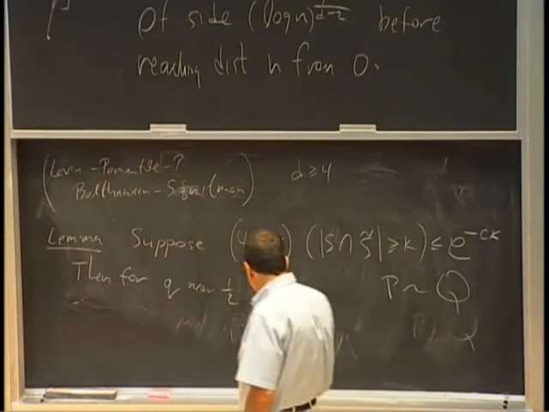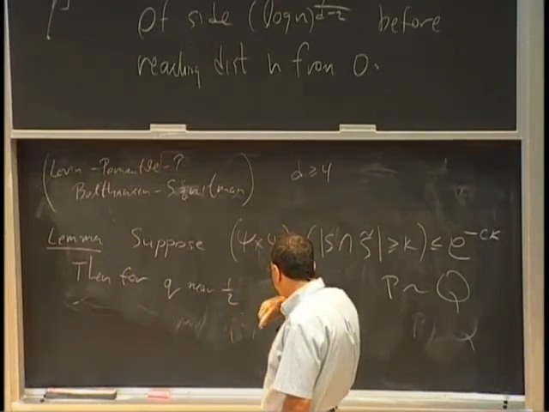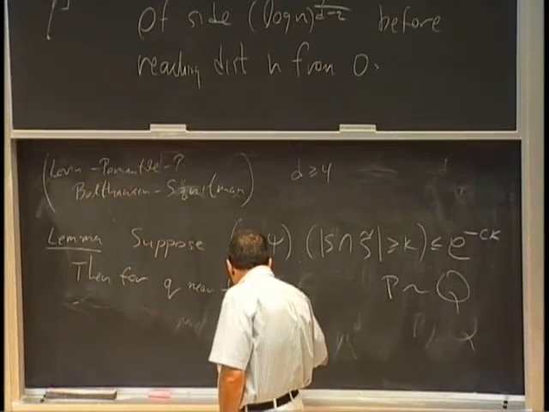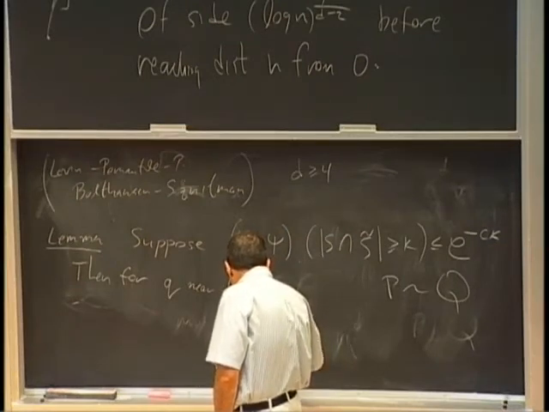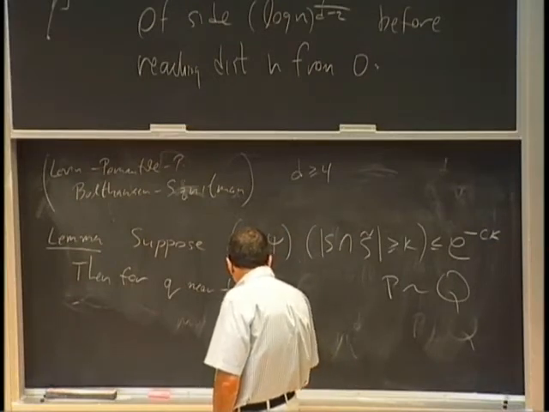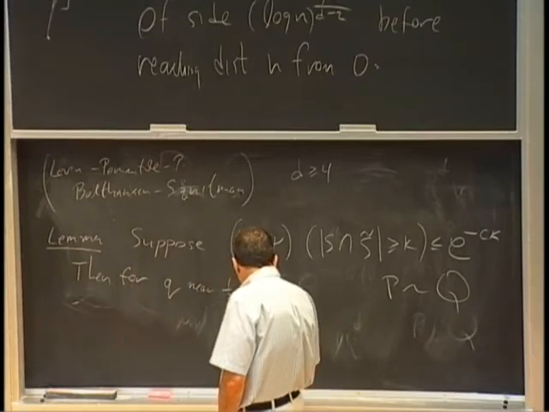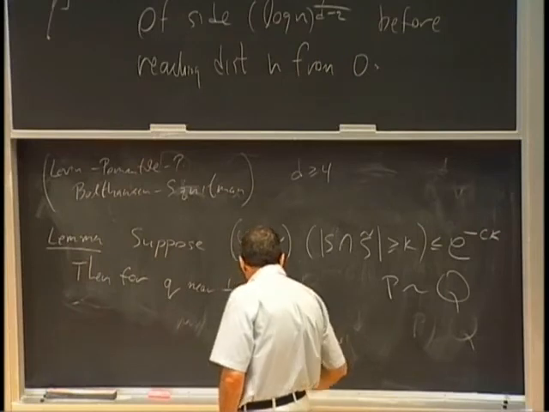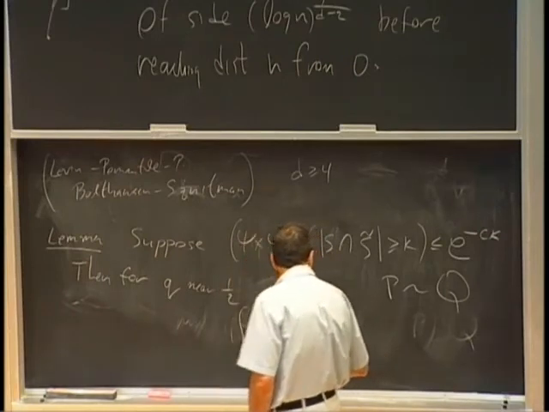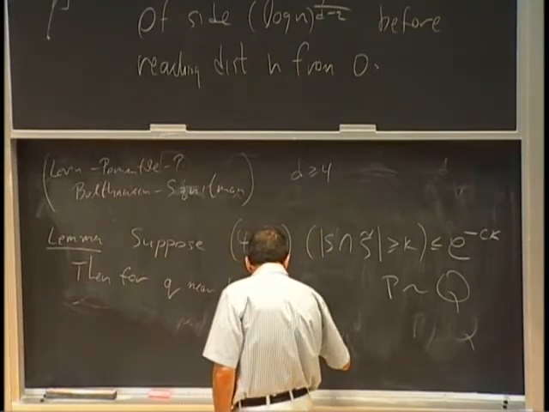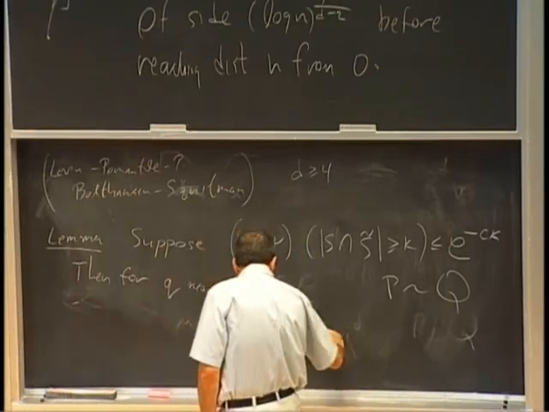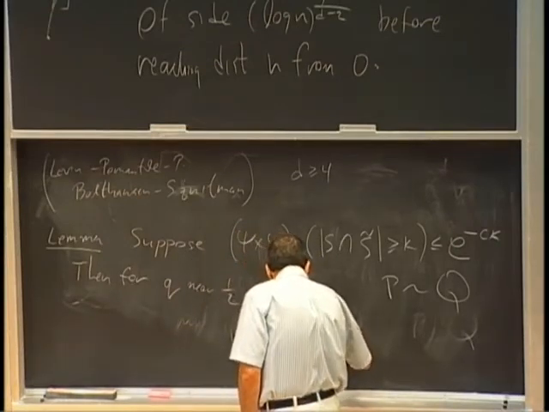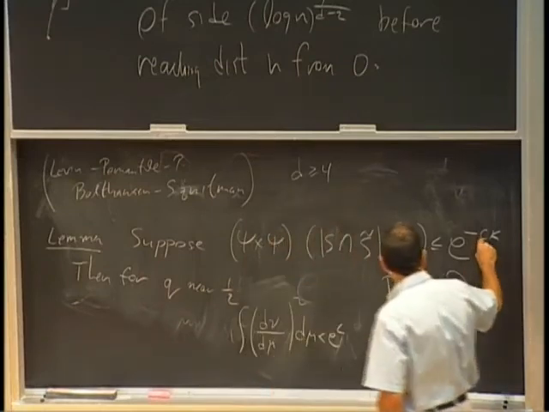Now, more precisely, the condition we want for q to be near 1/2 is that if we take the measure nu with respect to the measure mu and do the L2 norm of that, so I square that and integrate d mu, this should be less than e to the c. This c.